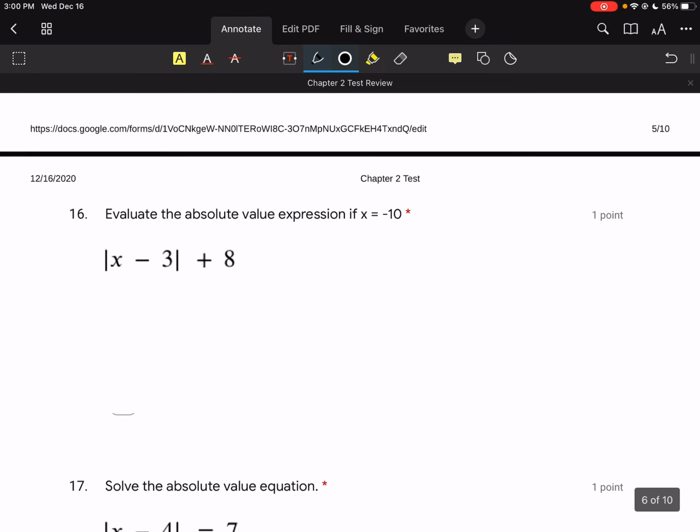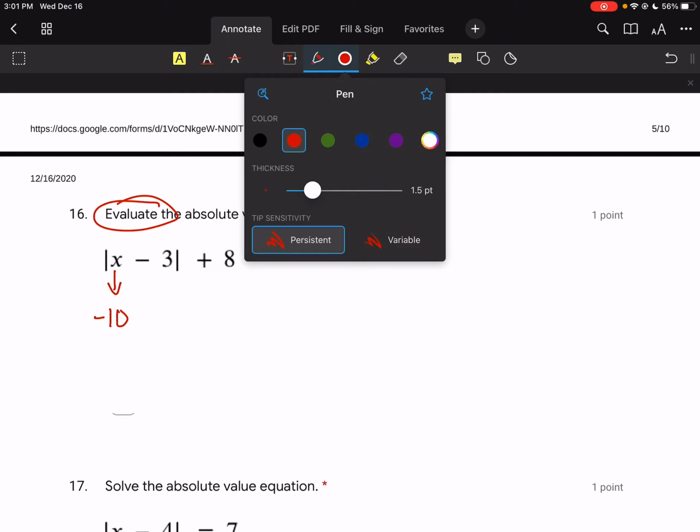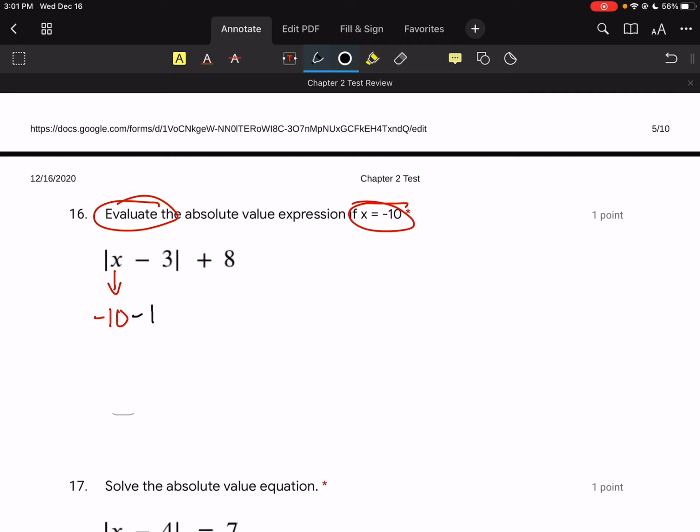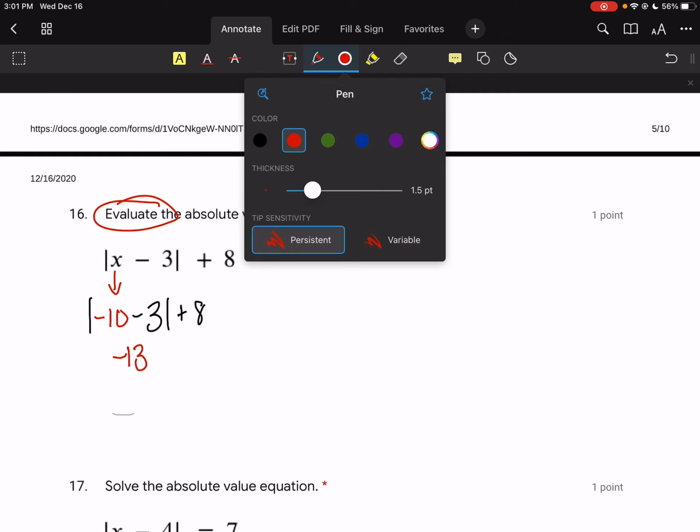So in this one, again, I'm evaluating, so I'm just going to plug in the value that it tells me. In this case, x is equal to negative 10, so I'm just going to exchange out the x for a negative 10, and then everything else will stay the same. So negative 10 minus 3 is going to be negative 13. The absolute value signs still stay.